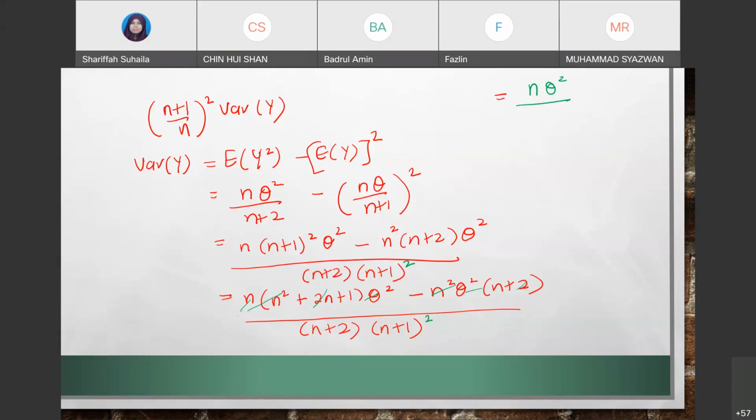So we will have n theta square, n square, n plus 2. Ada saya miss kat mana-mana ke? Sepatutnya kita dapat theta square over n plus 2 ke mana? n plus 1 square, theta square minus n square, theta square.